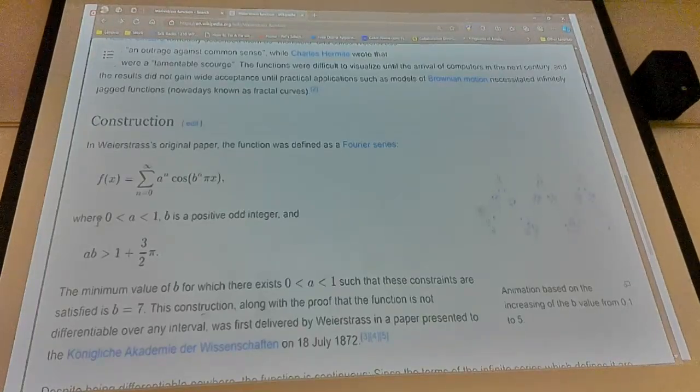So what this graph is doing is just letting b range over its possible values. When b is small, it is just parabolic. But as b gets larger, that's when the interesting stuff happens.